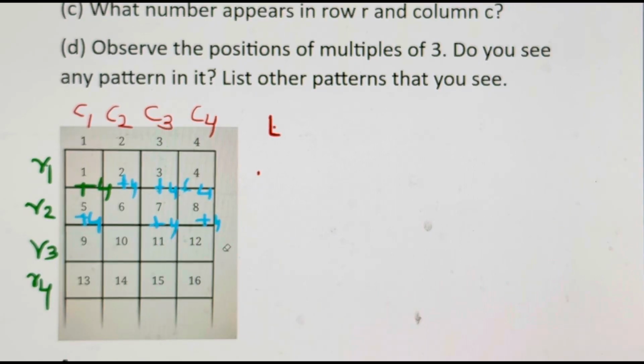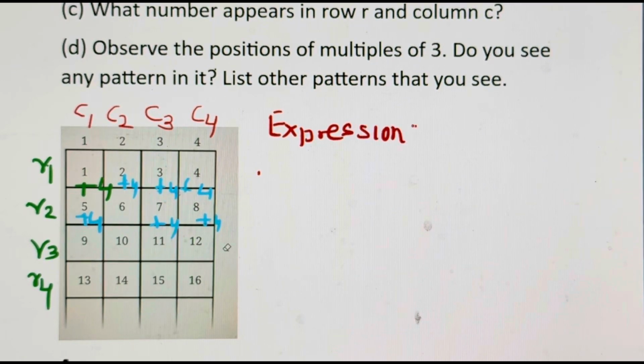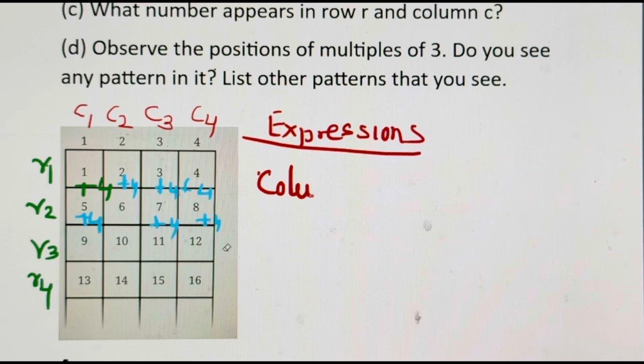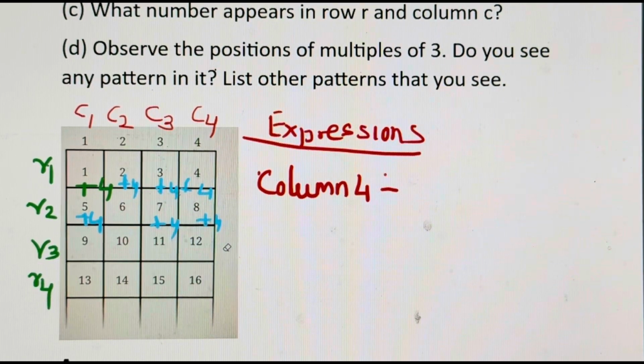So we form expressions for the different columns. We start with column number 4 because that is the simplest. They are all multiples of 4, and we take n, or whichever number you want to find in whichever row.